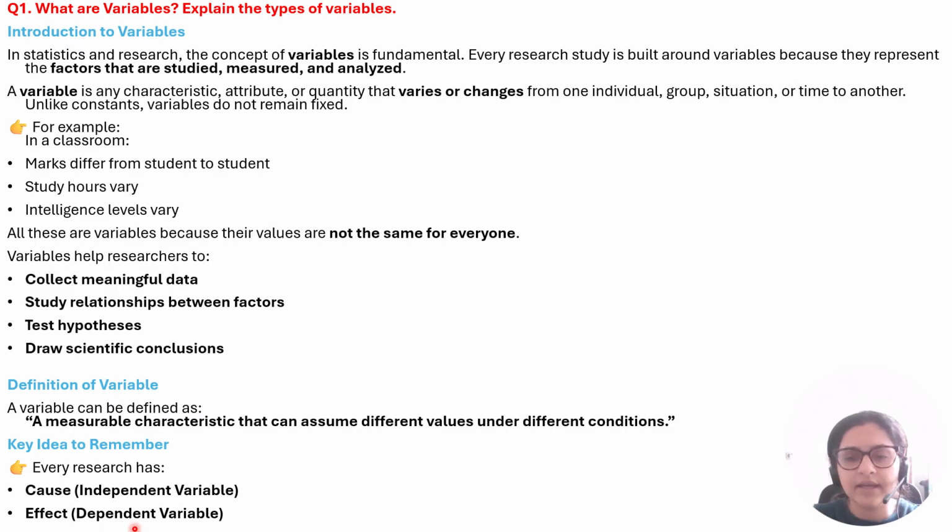The definitions and explanations I have given in the further slides. Independent variable is also known as the cause variable. Dependent variable is also known as the effect variable.